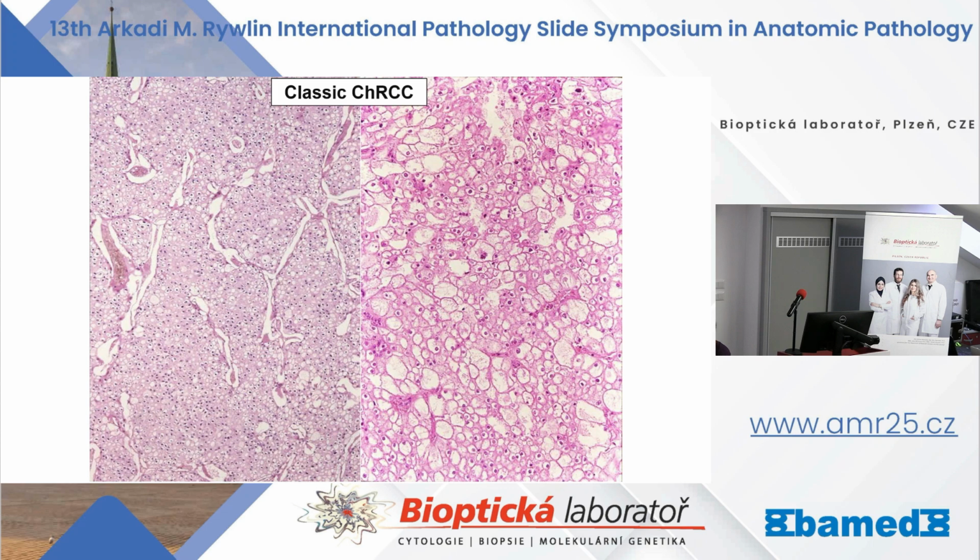Sometimes these tumors can have very extensive autolysis, and in these cases the diagnosis is challenging. However, I recommend you go back to the material, sample the periphery of the tumor, and this usually helps you more than extensive immunohistochemical examination.